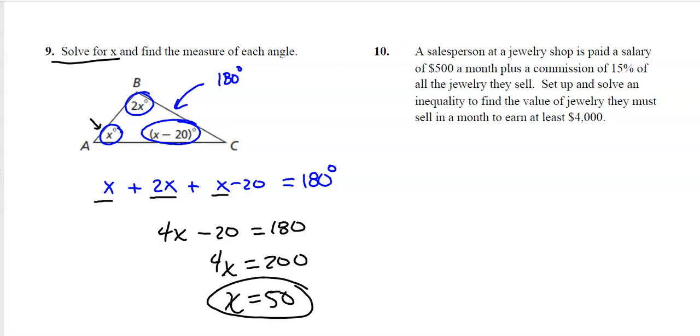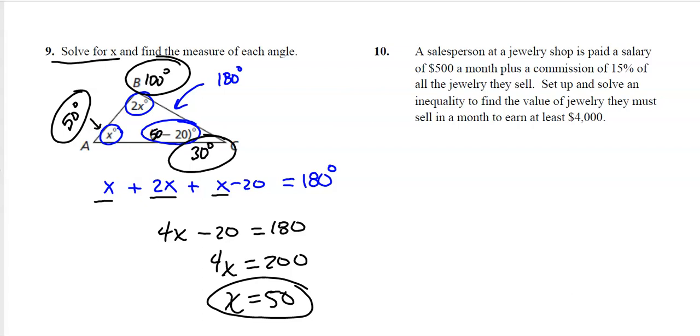So I think this angle A is going to be 50 degrees. Angle B is 2 times 50, or 100 degrees. And then this last one is going to be 50, take away 20, which is 30 degrees. Double check your answer. 50, 150, 180. Life is good. Everything checks out.